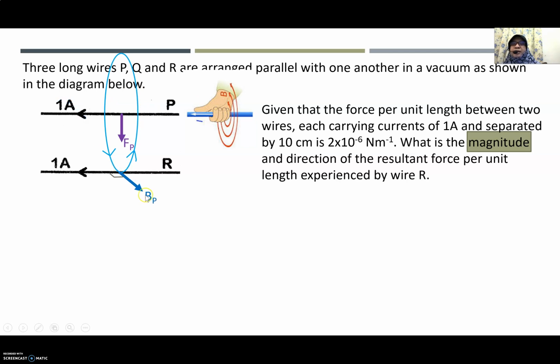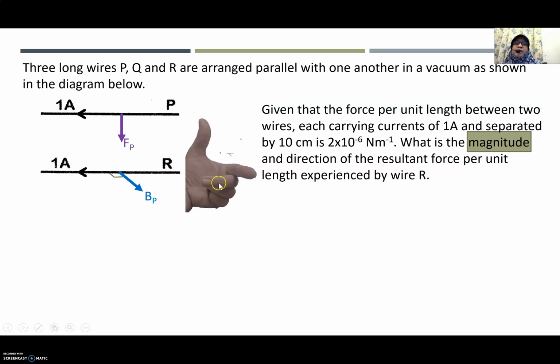We name this as BP because this is the magnetic field B by wire P. Next we use Fleming's left-hand rule. Direction of B is out of screen. Direction of current is to the left. Lastly, the force is upward. So the force on R is upward. This means that wires P and R attract each other.